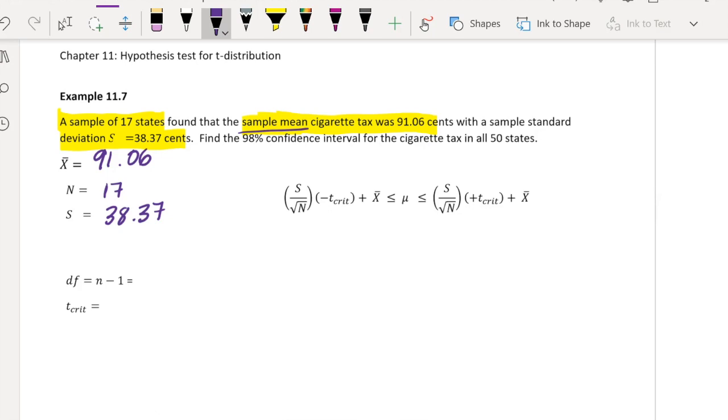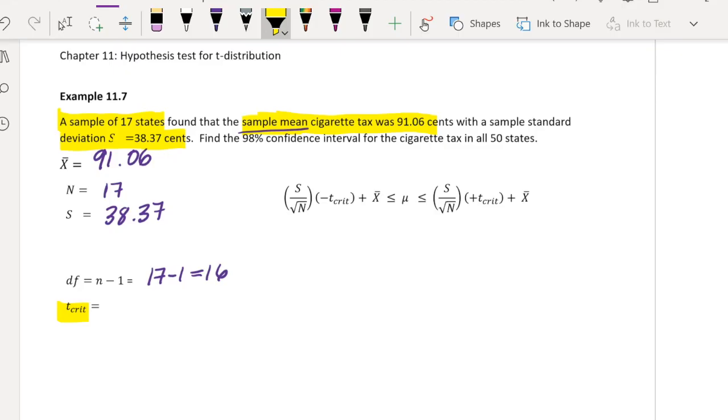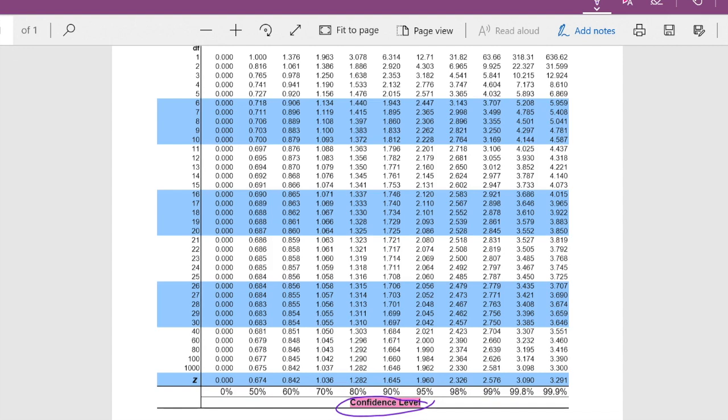Okay, my degrees of freedom are going to be 17 minus 1, 16. To find T critical, I need to go to my fabulous T table. So again, look at the bottom, confidence level. I don't know how confident I want to be. I want to be 98% confident. Yep, there it is.